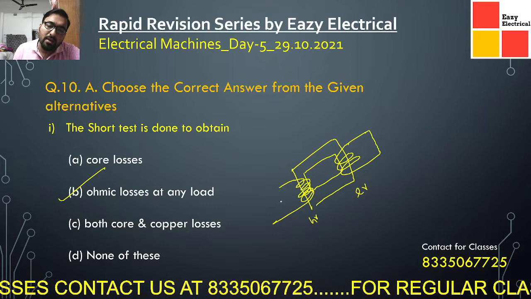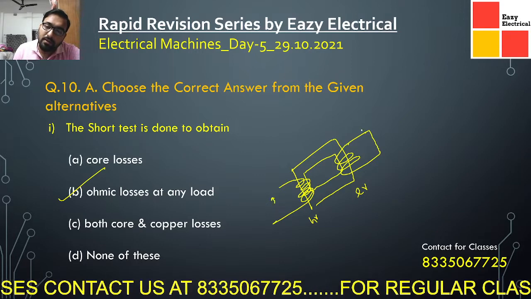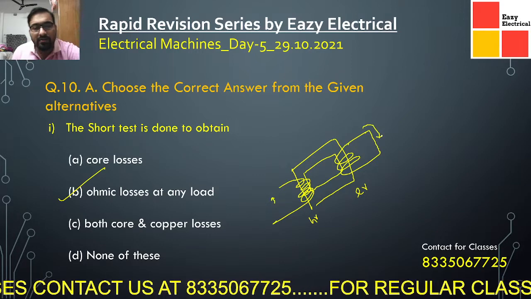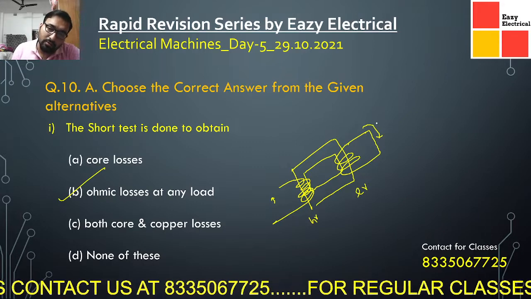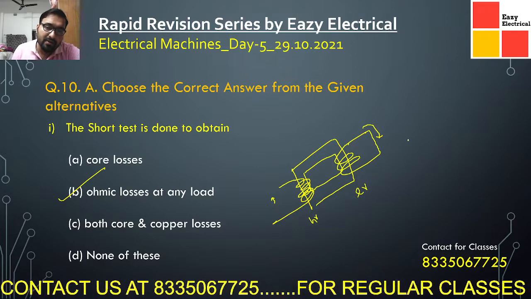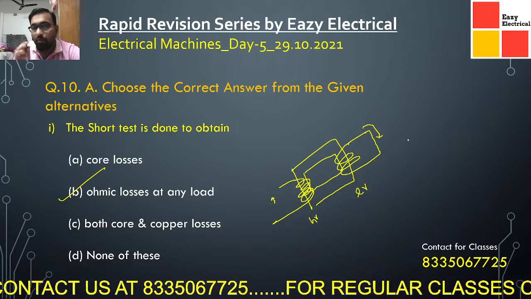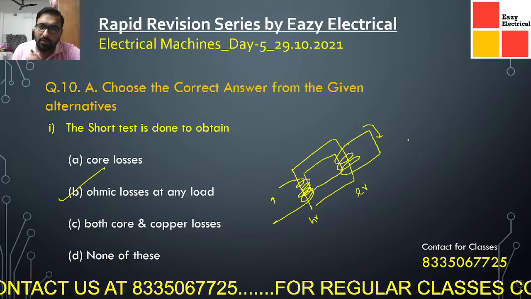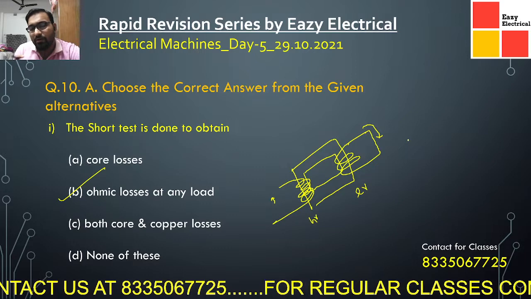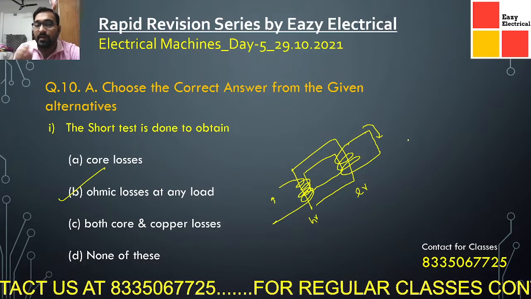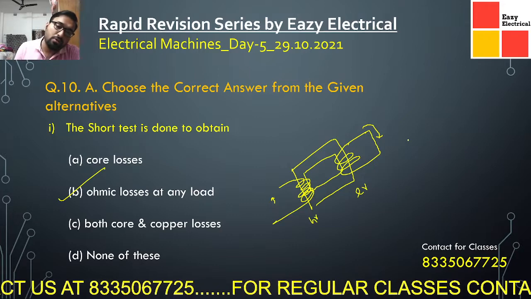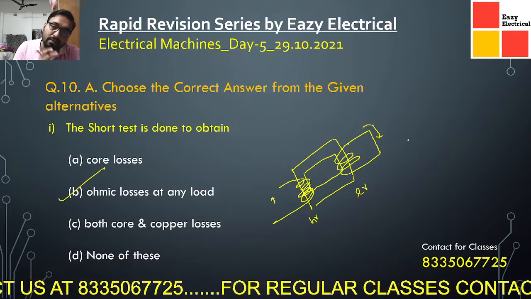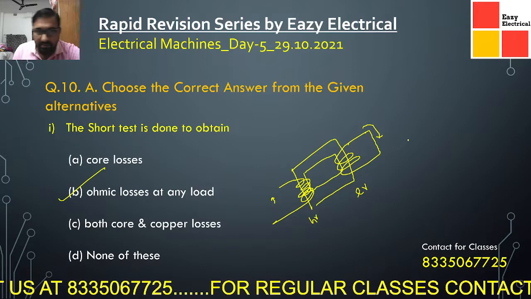Because a small amount of voltage on the high voltage side will readily allow the rated current to flow. So the main criterion we try to obtain here is only the ohmic losses. Do we say that core loss is calculated here? No, we cannot calculate the core losses here. For core losses we need to look at the values from the open circuit test.